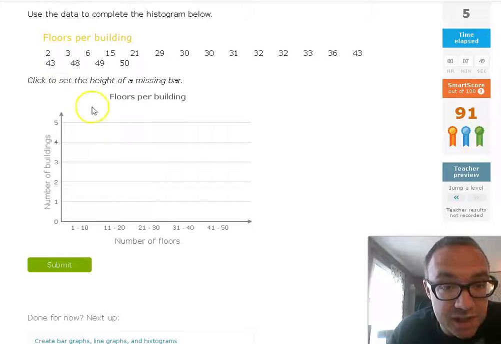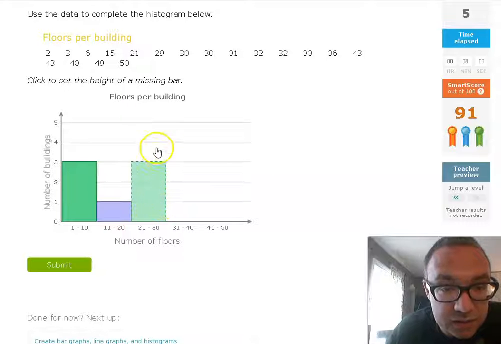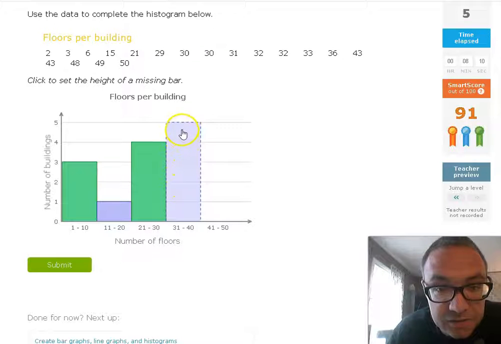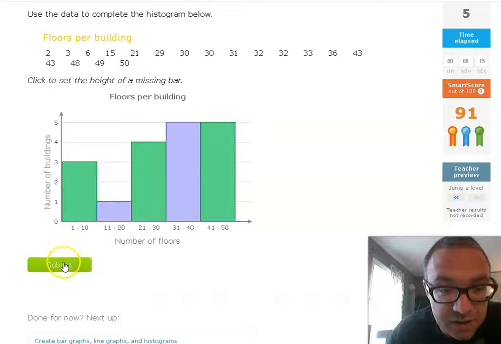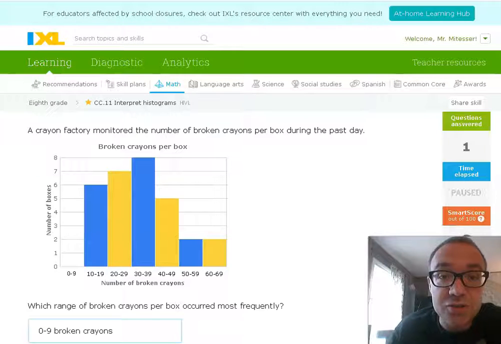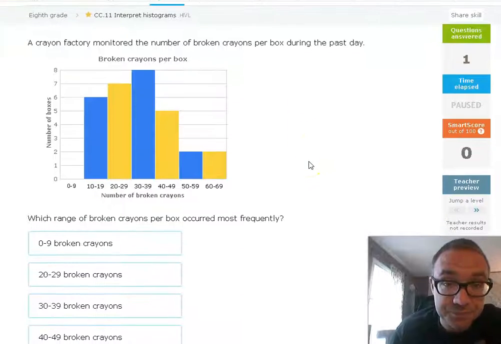Okay, so from 1 to 10, you have 3. 11 to 20 is 1. 21 to 30 is 4. 31 to 40 is 5. And then 41 to 50 also looks like 5. Yeah. Okay, now I'm going to show you another type of question where you interpret the histogram.